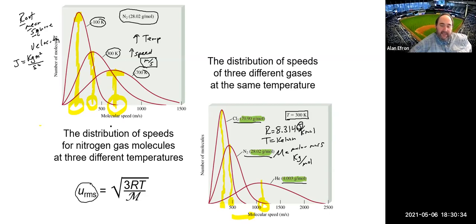Again, if we look at just the units going on in there, we do the big square root. We have R, which technically is joules, which is a kilogram meter squared per second squared, divided by Kelvin and mole.